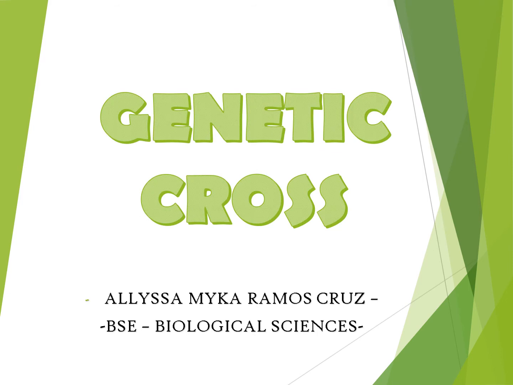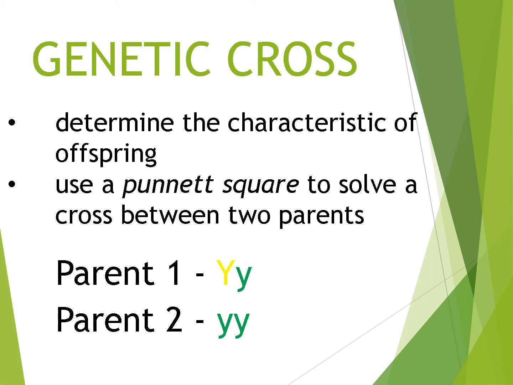So the topic for today is about genetic cross. What is a genetic cross? A genetic cross determines the characteristic of the offspring. It makes use of a tool known as the Punnett square to solve a cross between the genotypes of two parents, like in our example, where parent 1 has a heterozygous genotype.